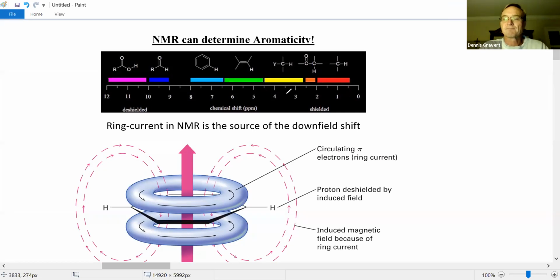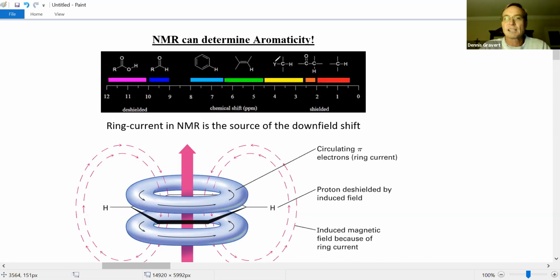Remember the chemical shift? This is just nice color-coded chemical shift. Hey, alkanes, those hydrogens that are bound to a sp3 carbon or an alkane carbon, those hydrogens show up around 1 or 2. Hydrogens next to a ketone show up around 2, 2.5.